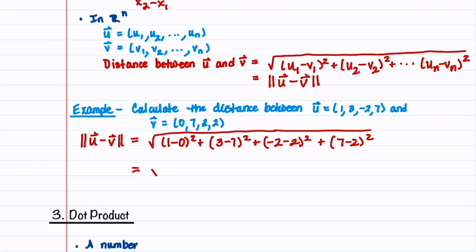Let's see what this gives us. This is the square root of 1 plus 16 plus another 16 plus 25, and we add that all up, and we end up with the square root of 58.